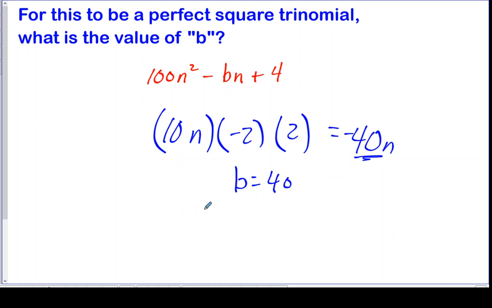And then the factorization, now that we've got 100n squared minus 40n plus 4, we easily know would be: square root of 100n squared is 10n, square root of 4 is negative 2.